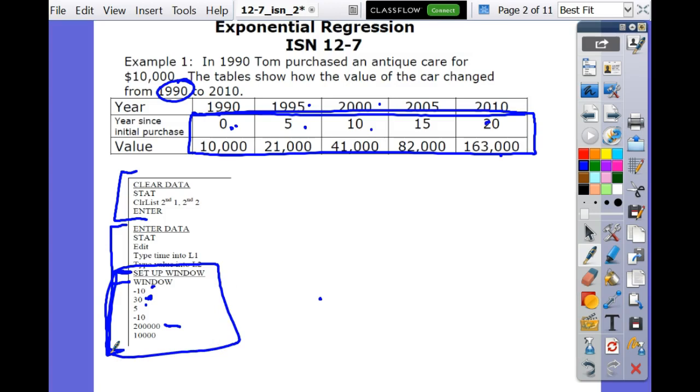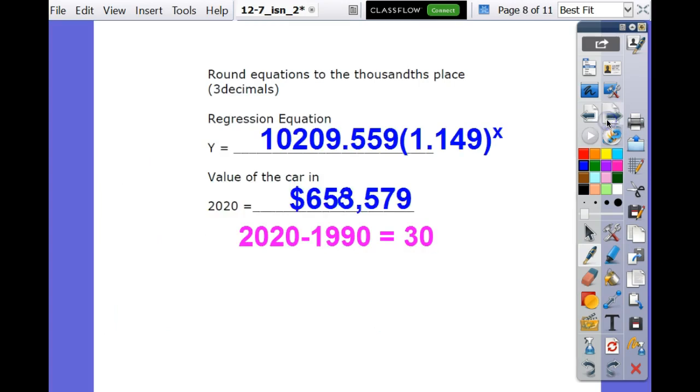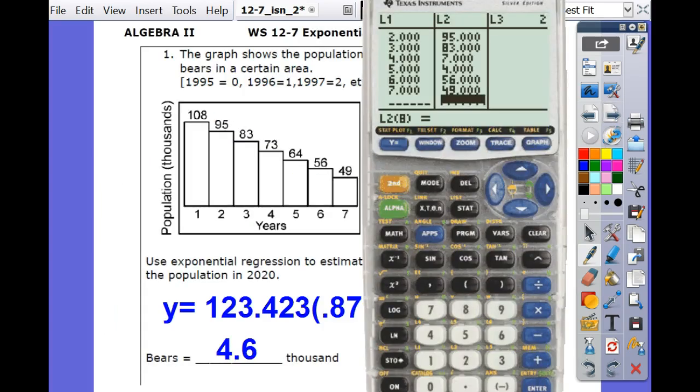To have the calculator figure out the window for you, push Zoom 9. 9 stands for statistics. If you push Zoom 9, it will let the calculator set the window for you. Also, once you turn the stat on, it stays on.